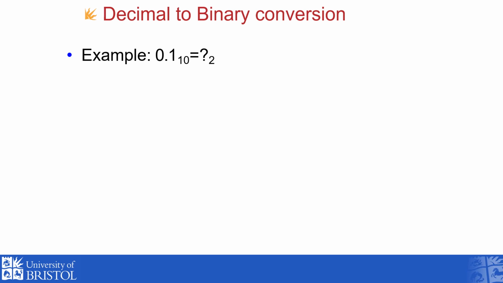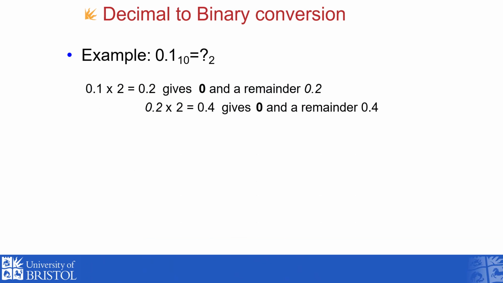Okay, so let's now try to do an example of a binary conversion and hope that it's going to clarify things. How would you convert a number as simple as 0.1 from decimal to binary system? As we said previously, you keep multiplying by 2. The first time we do that, we get 0.2, which gives us an integer part of 0 and a remainder of 0.2.